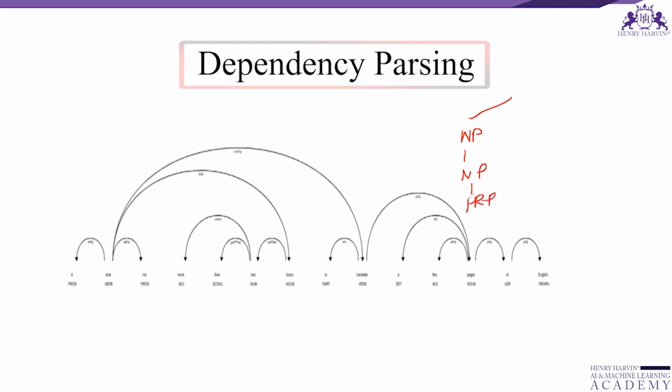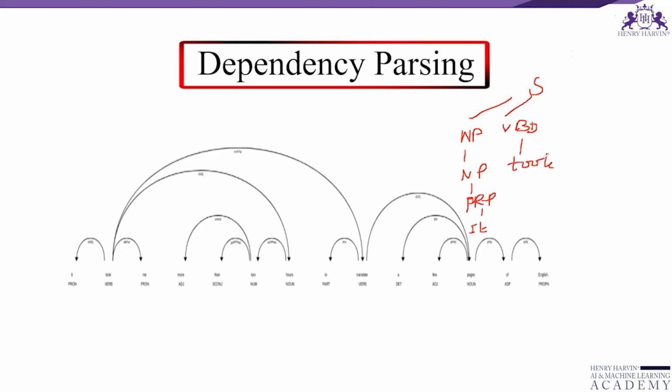Here the POS tag for the first word, it, is PRP.